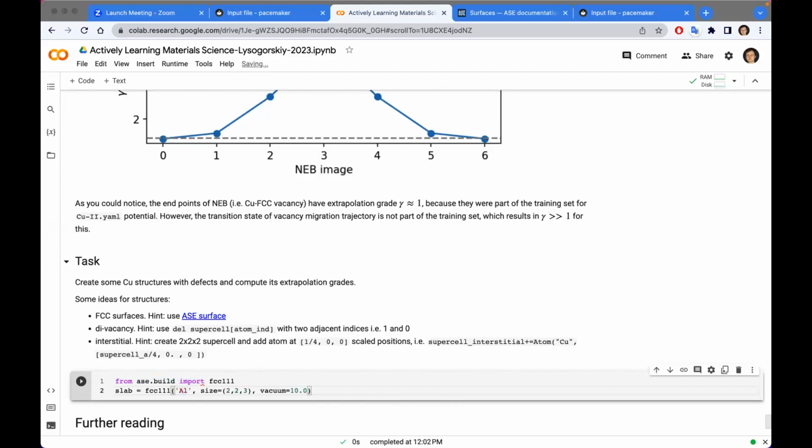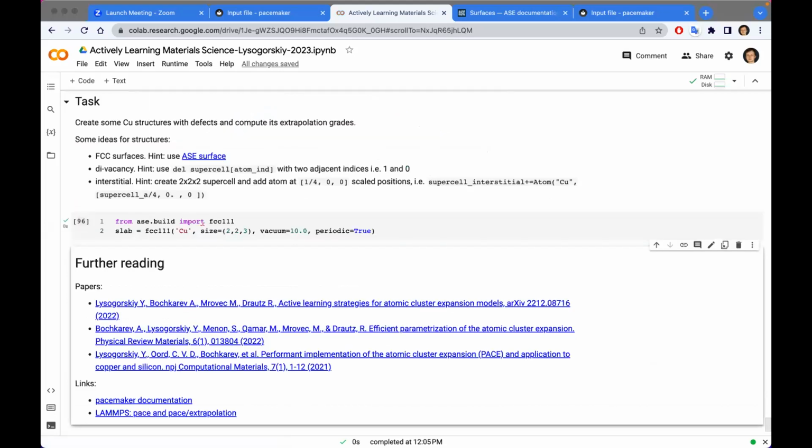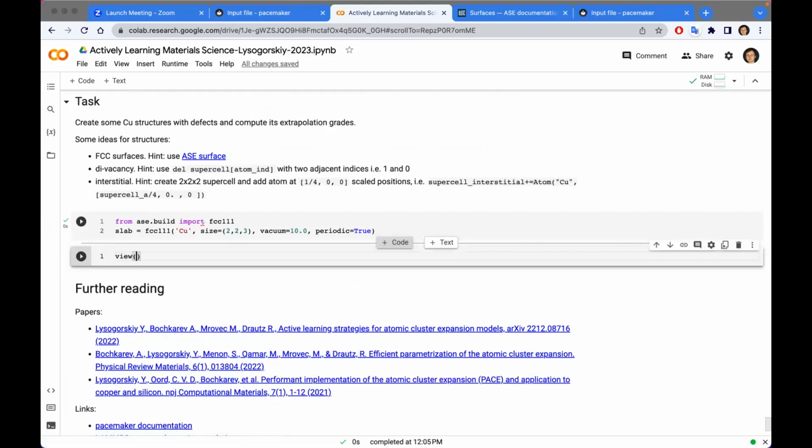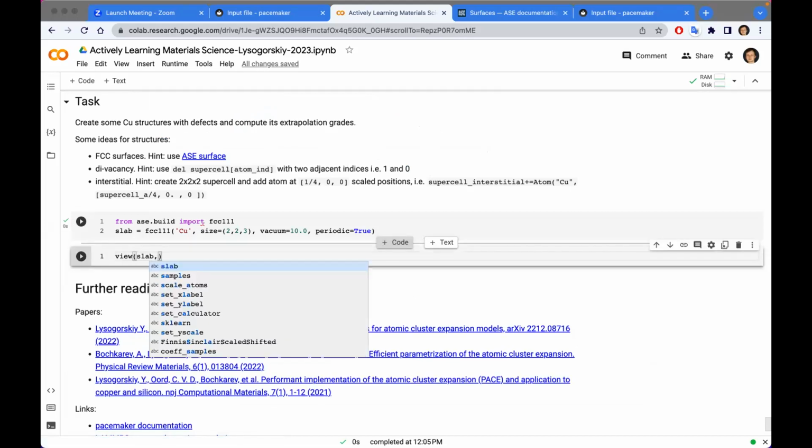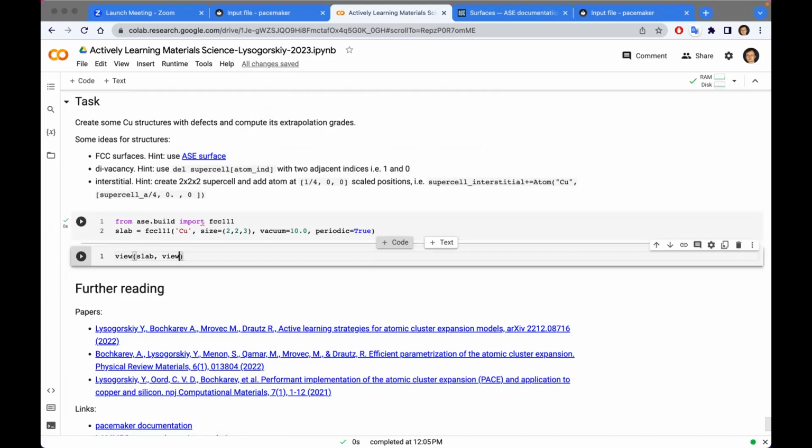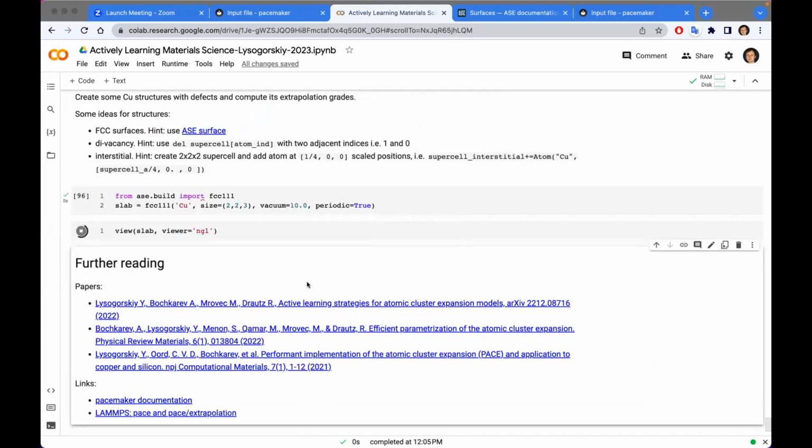But instead of aluminum, I will take copper. And I will also put periodic equal to True. Yes. So we can even view this slab using the NGL viewer. So that's our surface.